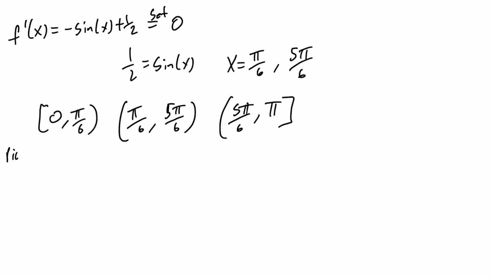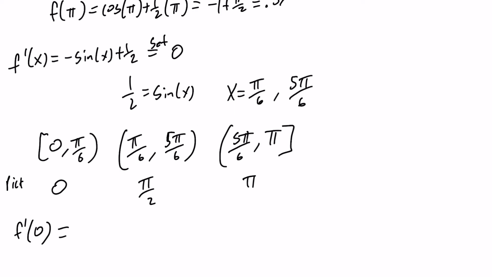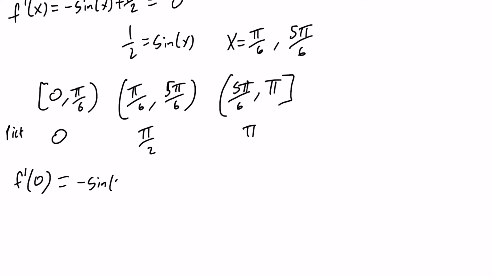We're going to pick points from our intervals. I will pick 0, pi over 2, and pi. We plug into our first derivative. So f prime of 0 is minus sine 0 plus 1/2.